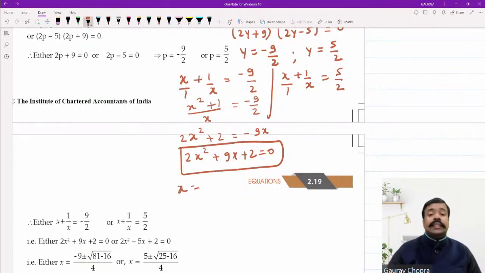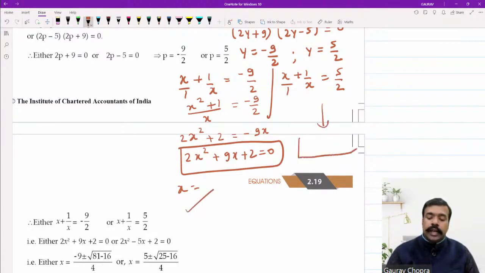Now we can see this kind of questions, no doubt, are very lengthy, but when we are talking about the examination, we have to always go by options. So options will give the result in very, very less time. So now we can calculate the value of x from this equation.